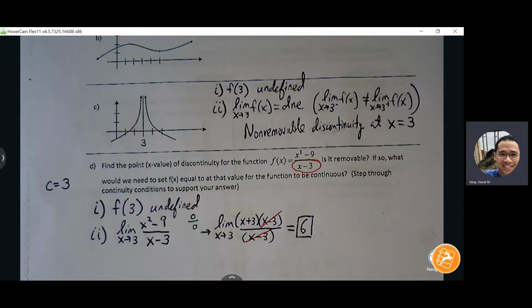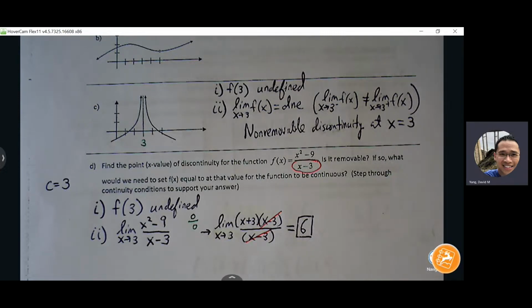Here, there's only one function, so there's no need to do one-sided limits, because then you're just doing three limits for the same problem. Only when you see a piecewise function, with separate branches on either side of the target, do you have to rely on one-sided limits. Otherwise, the full limit statement is enough. It's a duplicate effort if we do one-sided limits.